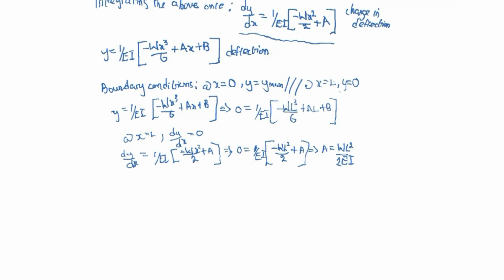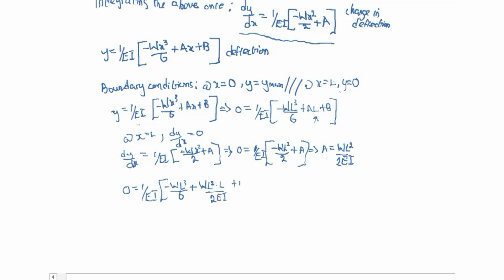So therefore from this equation we have already established that 0 is equal to 1 over ei into negative wl cubed over 6 plus the value of a now is wl squared times another l, that is this l, divided by 2ei plus b. So we can make b the subject.